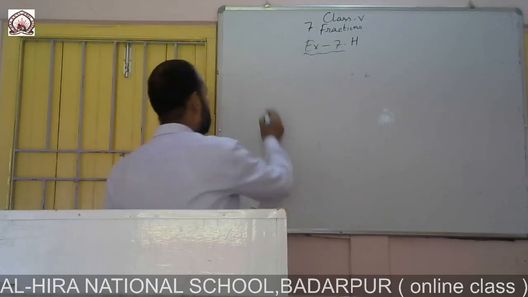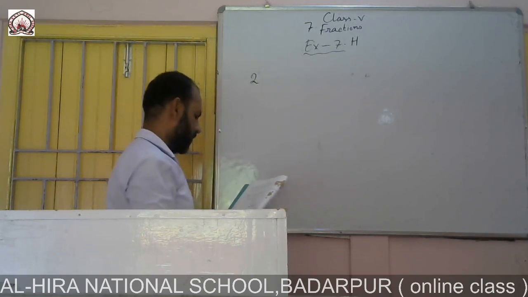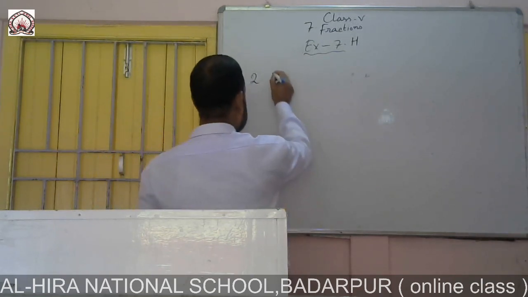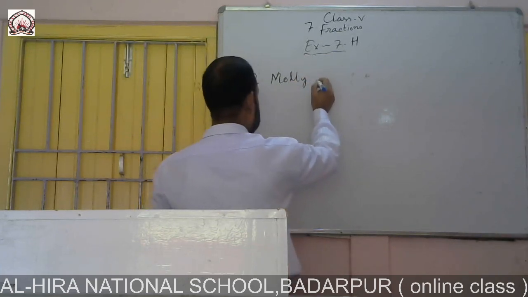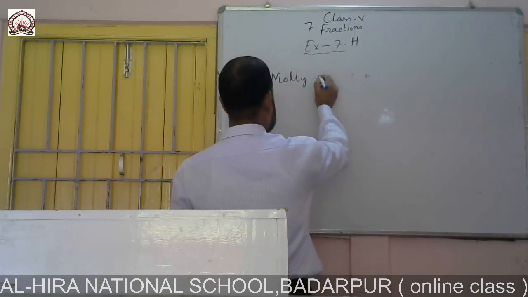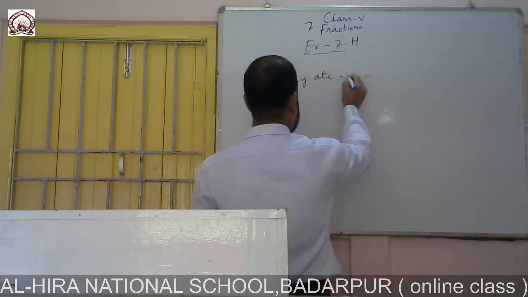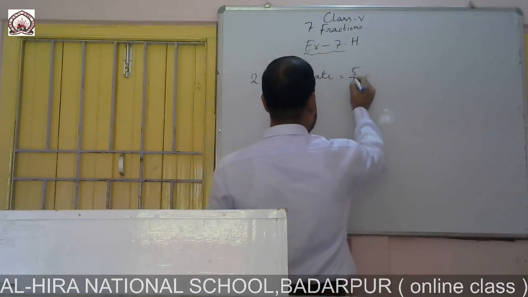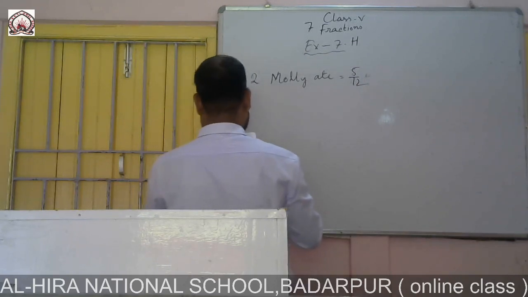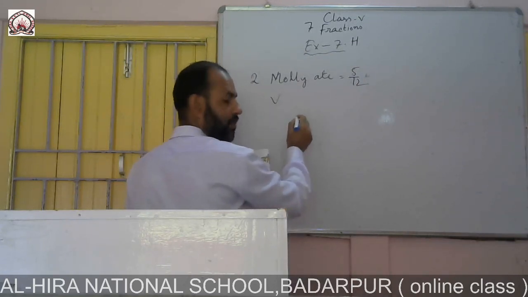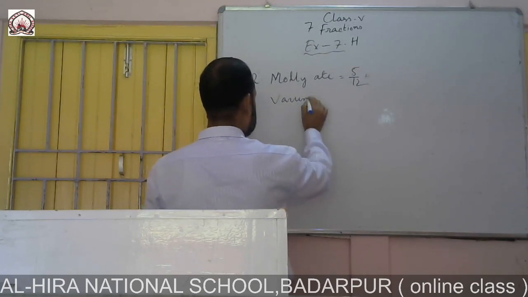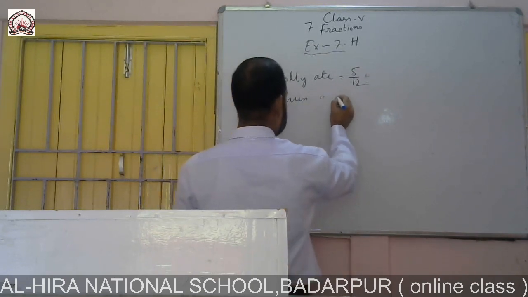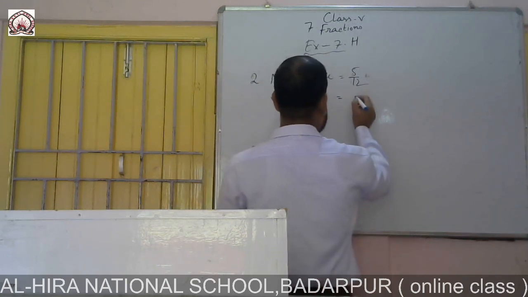So number 2, Molly ate 5/12. Then Barun also ate the same, 5/12 portion.